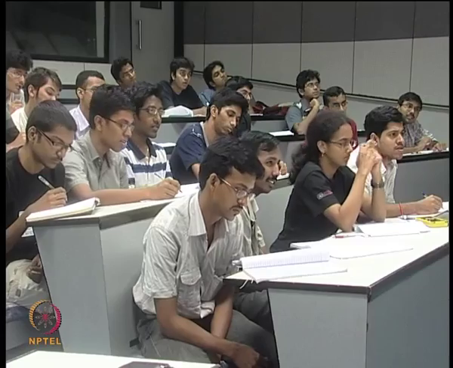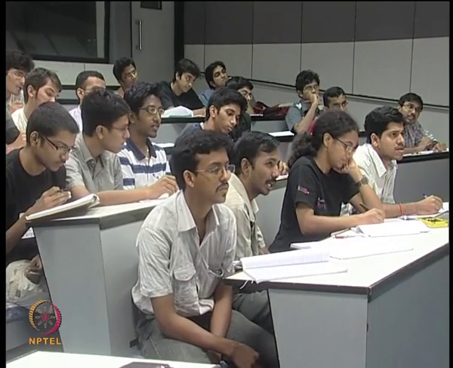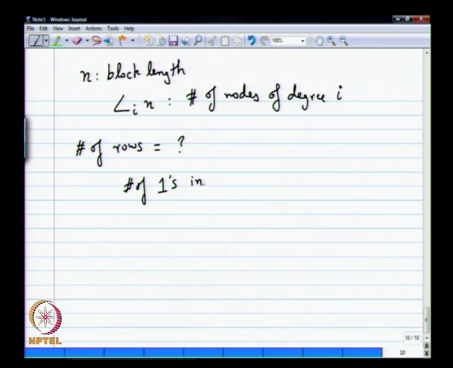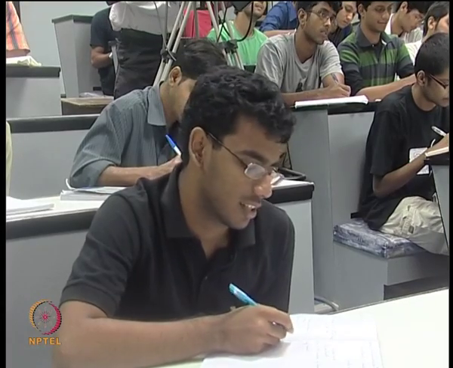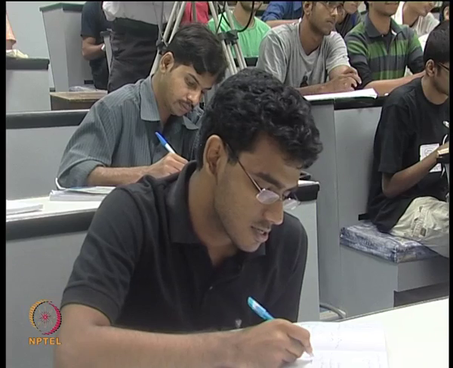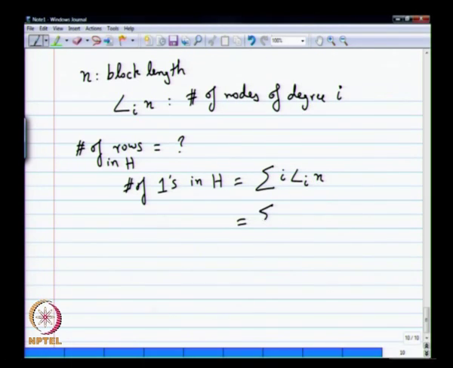I don't think so. How do you compute the number of ones in the matrix? It has to be summation i times Li n when you count from the column perspective, and when you count from the row perspective, it should also be summation j times Rj times the number of rows.